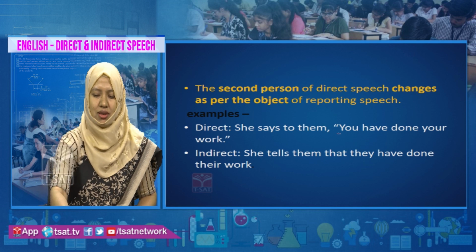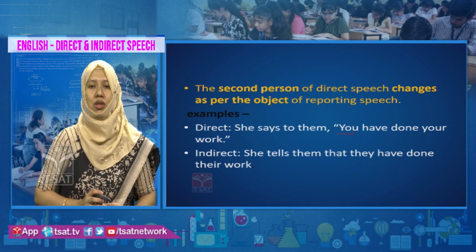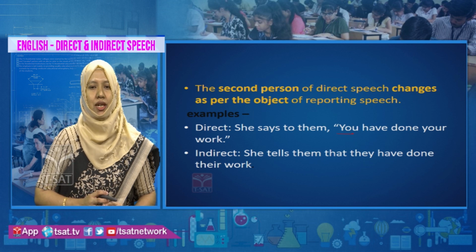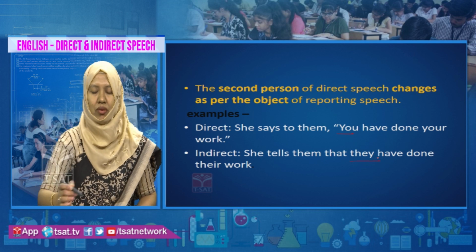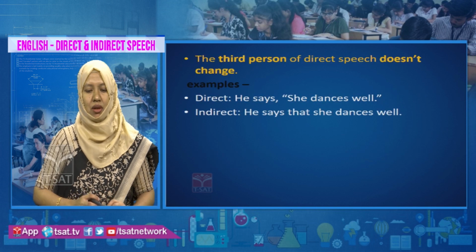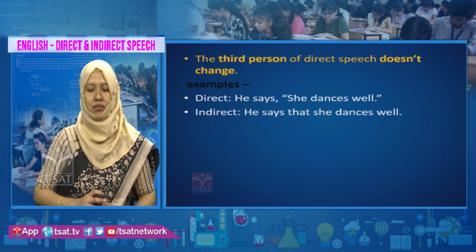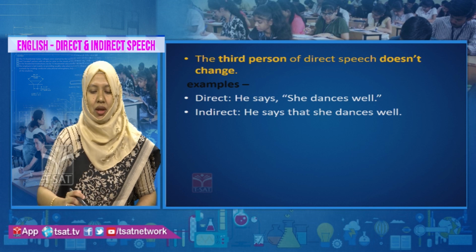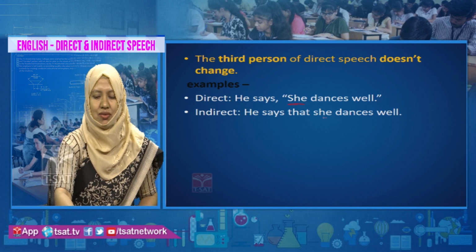Here in direct speech, you is the pronoun used. In indirect speech, we change you to they. Here the second person pronoun is changing. But in third person, he says, she dances well. He says that she dances well.